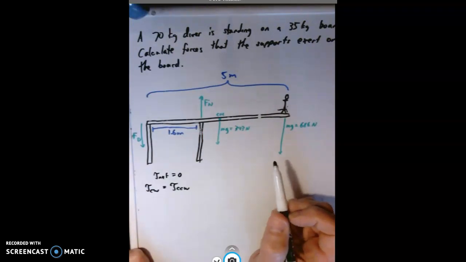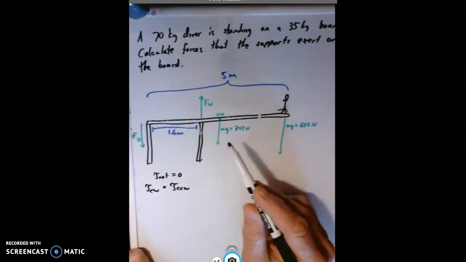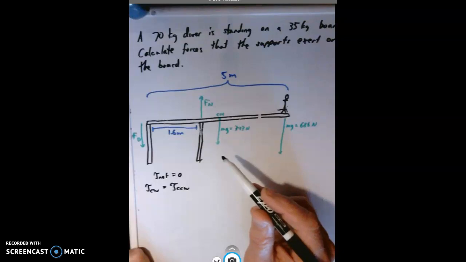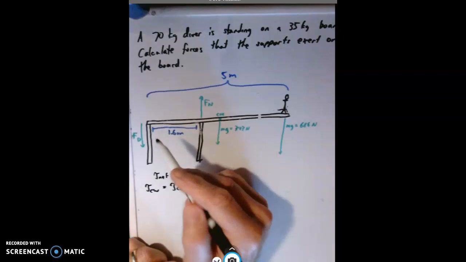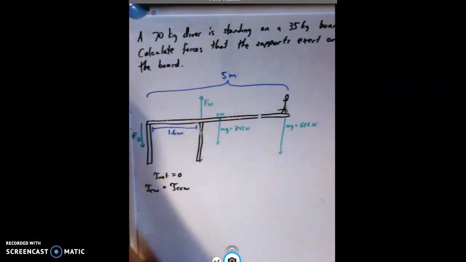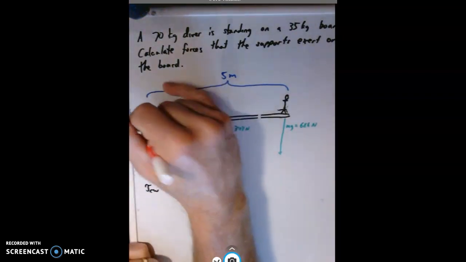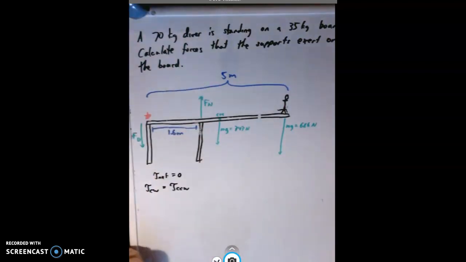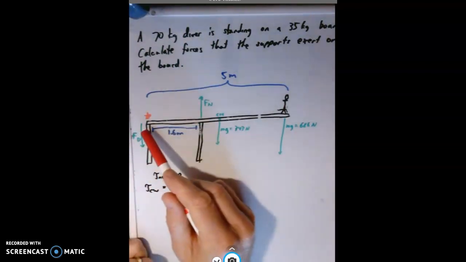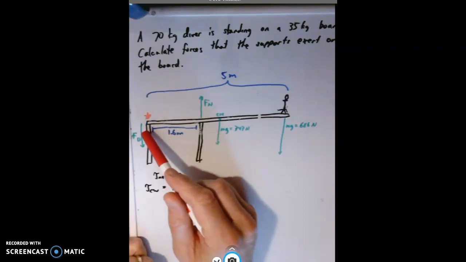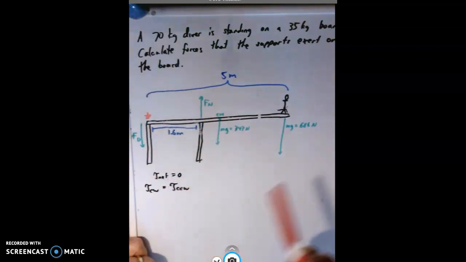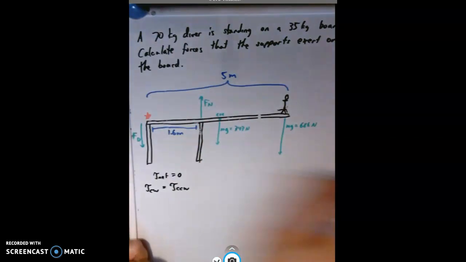A good approach is to choose a location where there's a force acting that you do not know the value of. So I will say my axis of rotation is right here, which means this force has no radial distance from that axis, so it is not exerting a torque, and I can leave that out of the equation. That leaves these three forces.